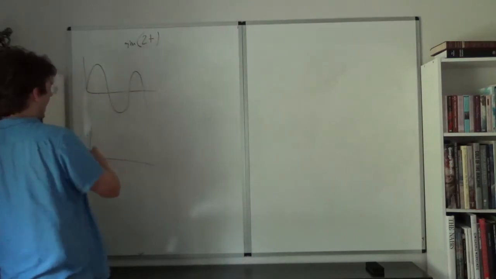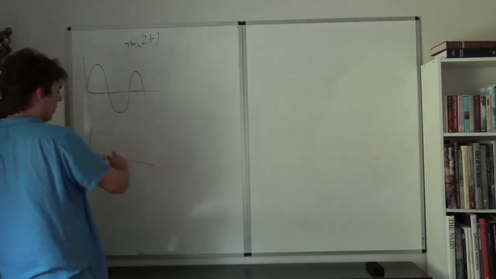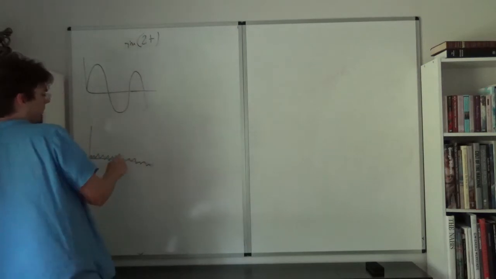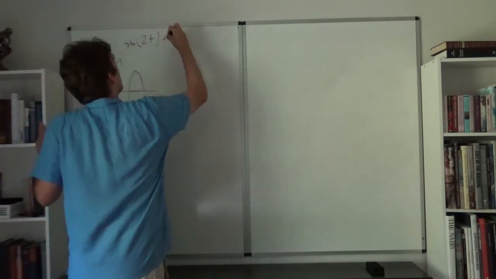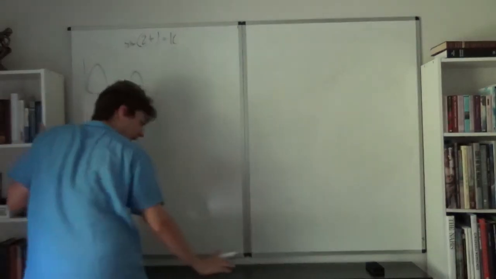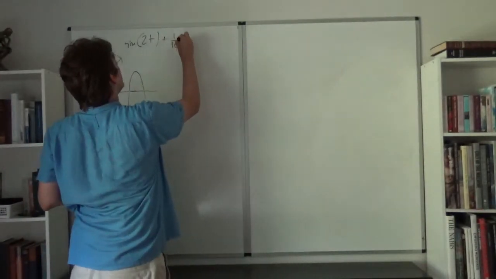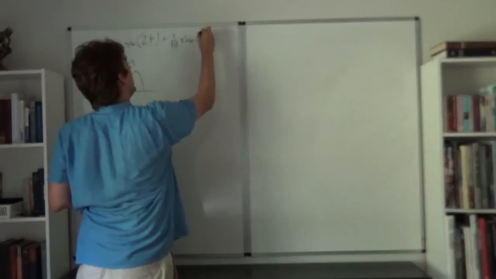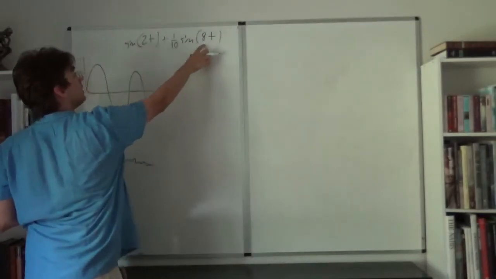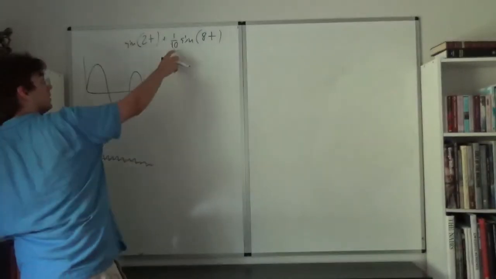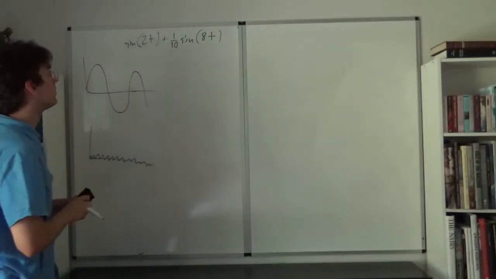Then there's another higher frequency, which is very quiet, but there's a quiet frequency in my voice, which is like 1/10 sine of 8t, right? Higher frequency, more bumps, but it's lower amplitude, so it's quieter.